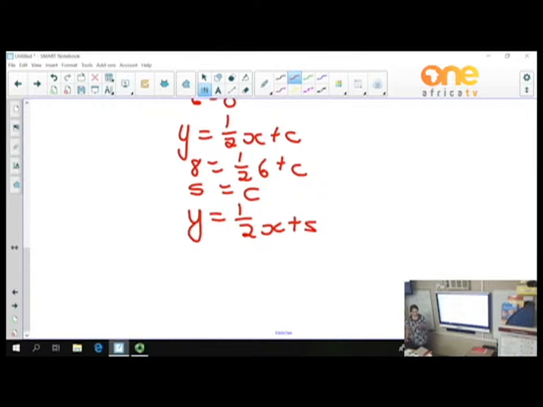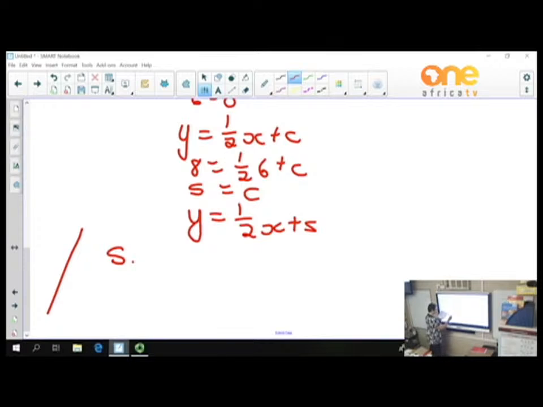Now the next one that we're now going to do is number 5 and 6. Let me help you with number 5. The points lie on a straight line. How can we get k? If they lie on a straight line, it means their gradients are the same. So remember it must be one of the 3 formulas.